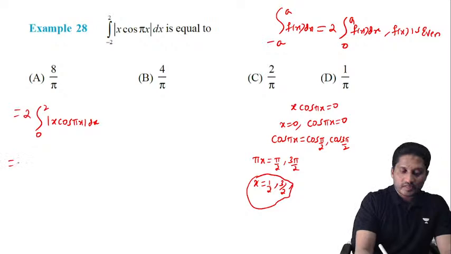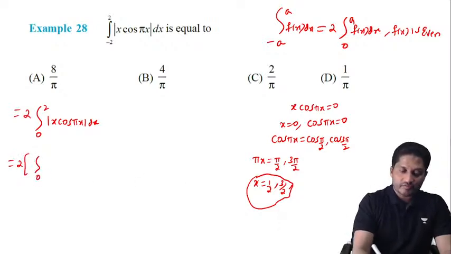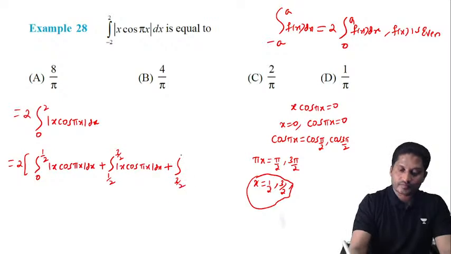Now this is equal to 2 times, 0 to 2 can be written as 0 to half, 0 to half modulus of x into cos pi x dx, plus integration of half to 3 by 2 modulus of x into cos pi x dx, plus integration of 3 by 2 to 2 modulus of x into cos pi x dx.